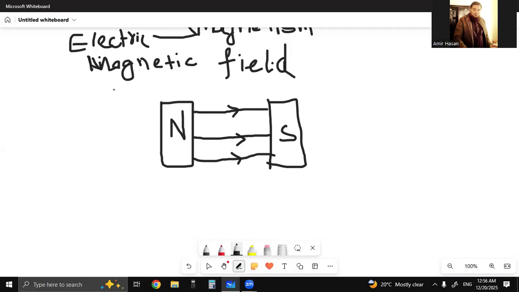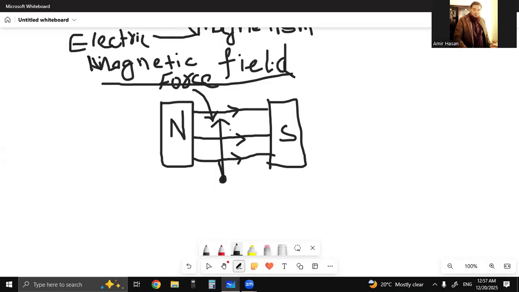How am I defining the magnetic field? When a charged particle, just like an electron or proton, moves inside a magnetic field, what happens? A force is applied on it. The third quantity is force.